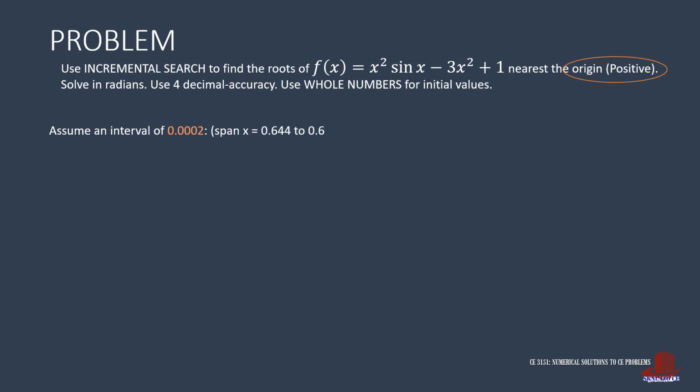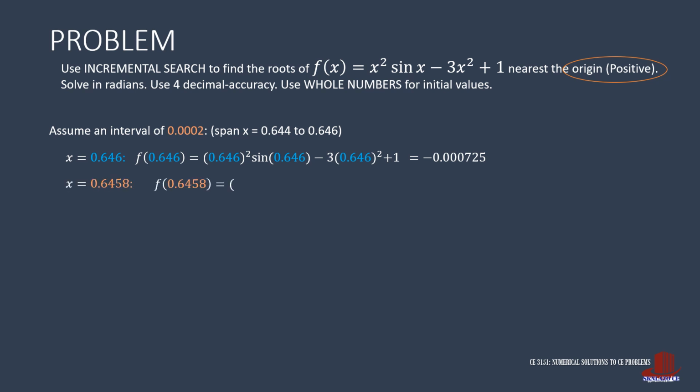The interval has already been shortened from 0.644 to 0.646, and the next increment is 0.0002. We will also be using x of 0.646 as reference. Because this is an upper limit, we should deduct the increments, starting with 0.6458.